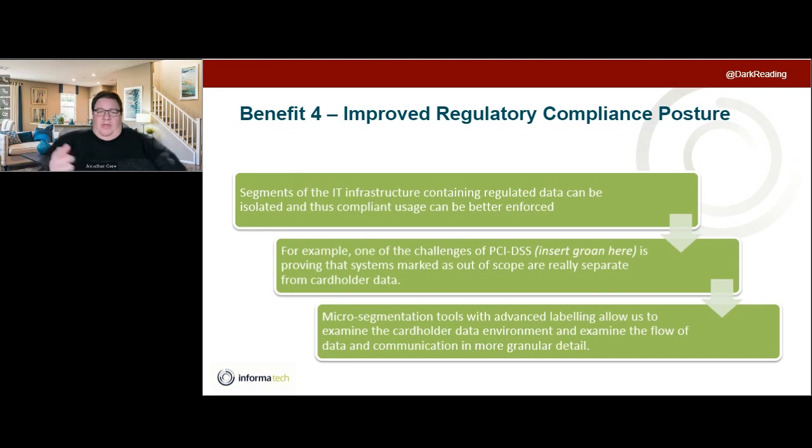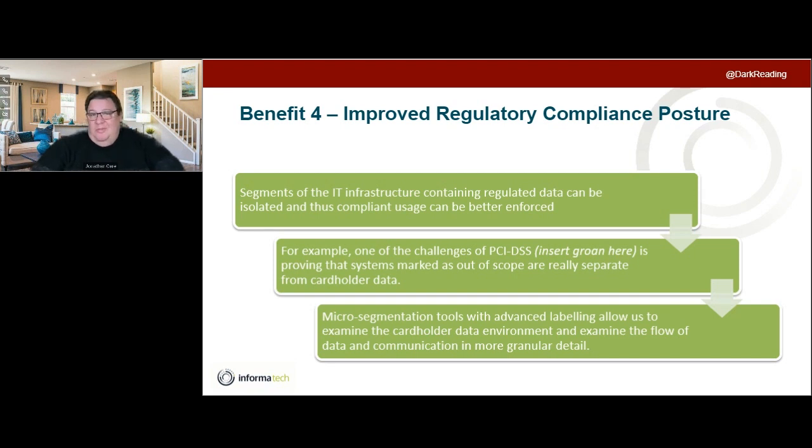And as I say, I'm going to give you the chance to groan again about PCI DSS. It's proving that systems where you say, hey, this is out of scope, are they really separate from cardholder data? In my inglorious past as a PCI DSS auditor, I think the number one argument I used to have with clients where they say, well, this system's out of scope. And I said, it really isn't.